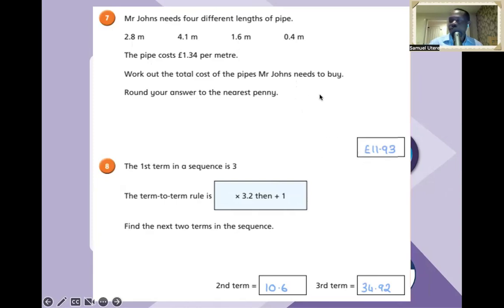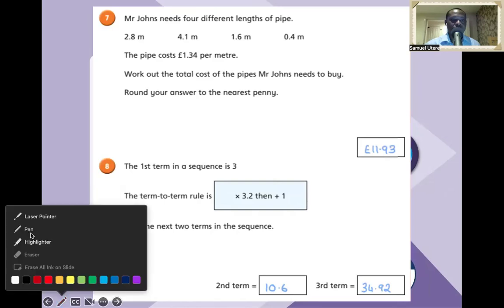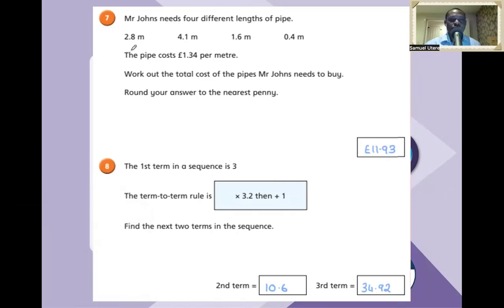So to do this, you can do your decimal multiplication. So you do 2.8 times 1.34. What is good to do is to do these calculations first. Don't round them first.